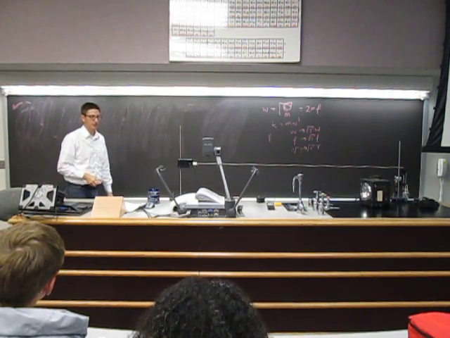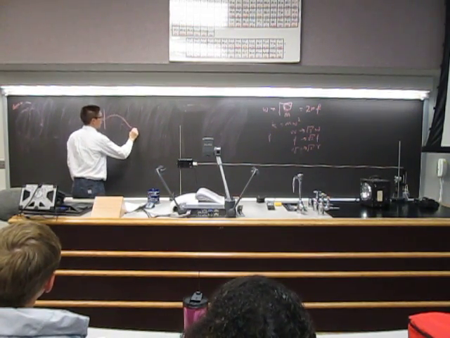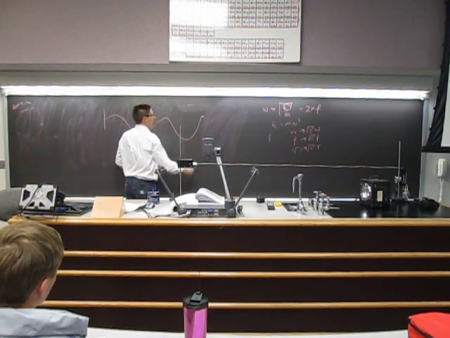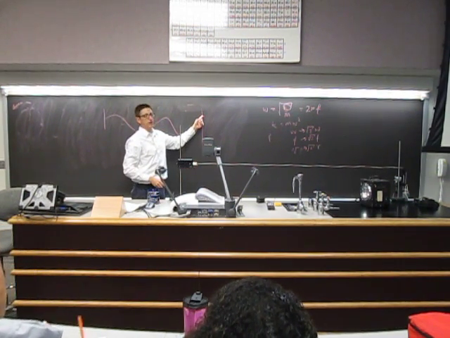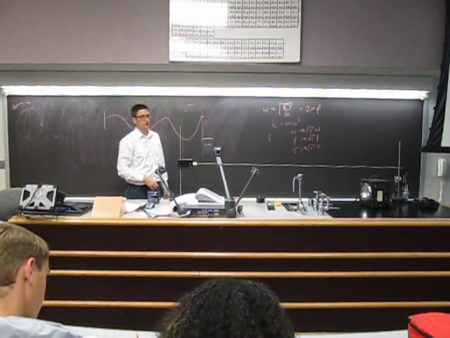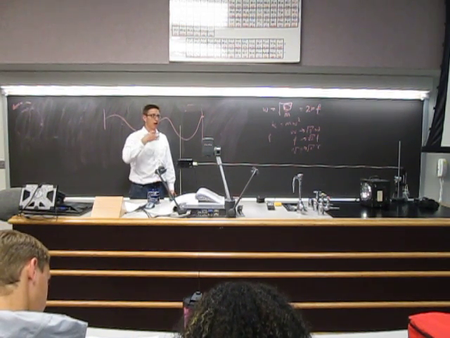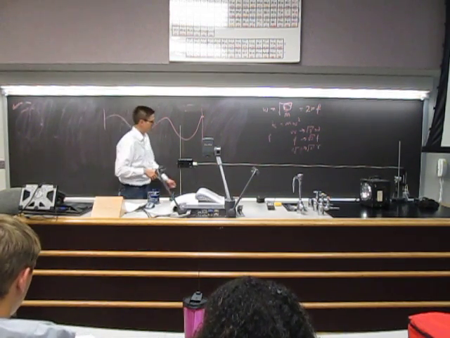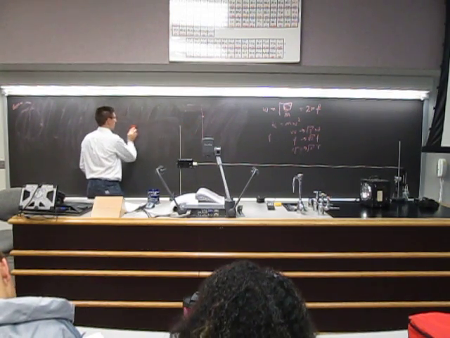Okay, so we mentioned at the end of the day that if you have a string that has a wave traveling along it, and one end is fixed, as this wave travels and gets to the fixed end, the wave actually flips over. It reflects on the opposite side of the string. This isn't a great drawing. I'm going to draw one pulse and see what happens.